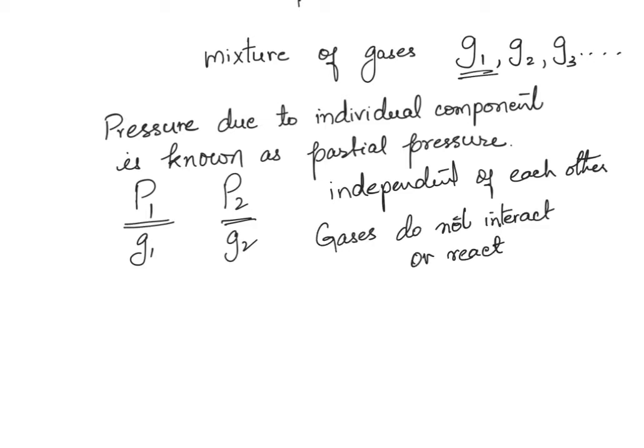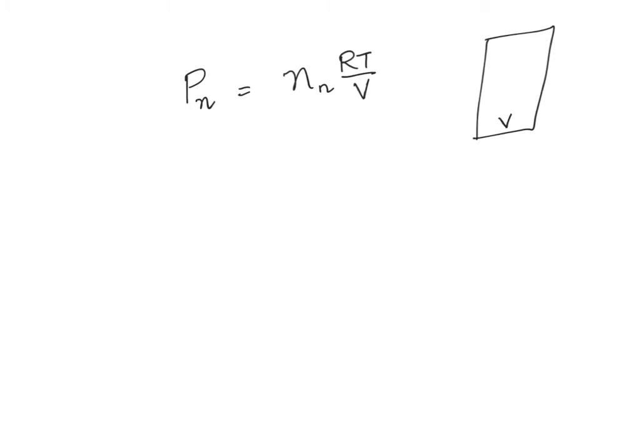Right? So how will you find out this partial pressure? Partial pressure of any gas n, Pn, is equal to the number of moles of that gas multiplied by RT over V. So there is a huge container with volume V at a temperature T. There's a gas mixture inside.